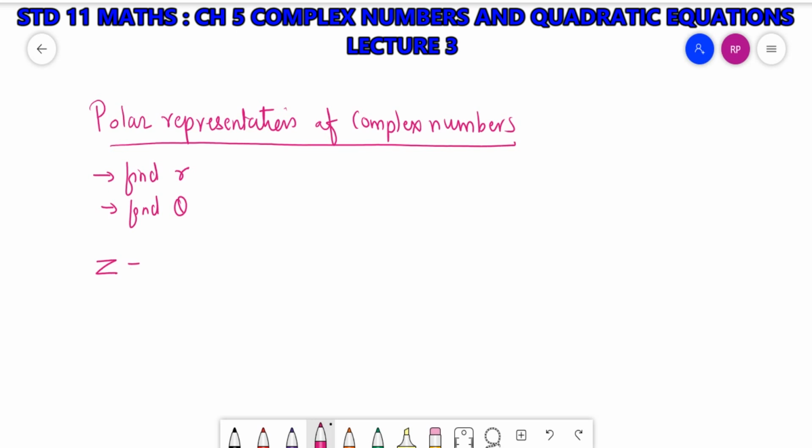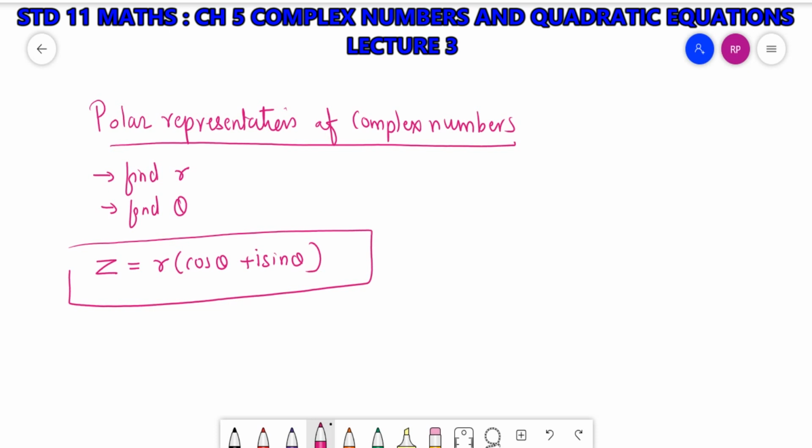Then the representation is r times cos theta plus i sine theta. This is called the polar representation of complex number. Clear? So here we require r and theta. That is the reason we need to find out first the argument and the modulus.